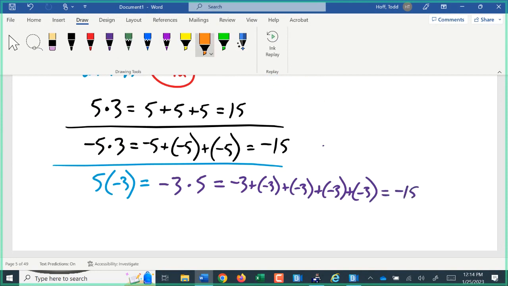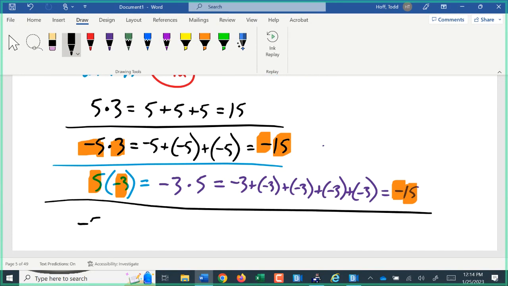Now, most of you have had algebra, even pre-algebra, so you probably have seen this. You've learned that when you multiply a negative times a positive, you get a negative, then just multiply the numbers. 3 times 5 is 15. Or the other way, if you multiply a positive times a negative, again, you multiply the numbers. 5 times 3 is 15, which is negative.